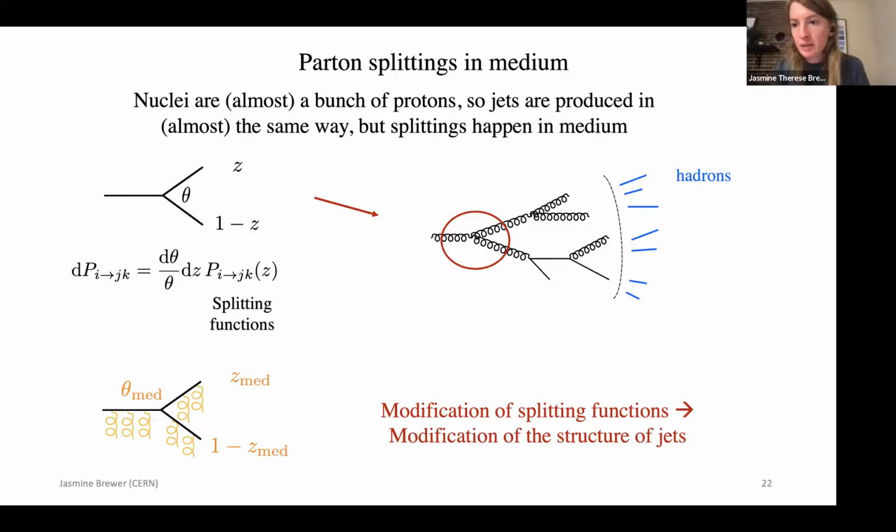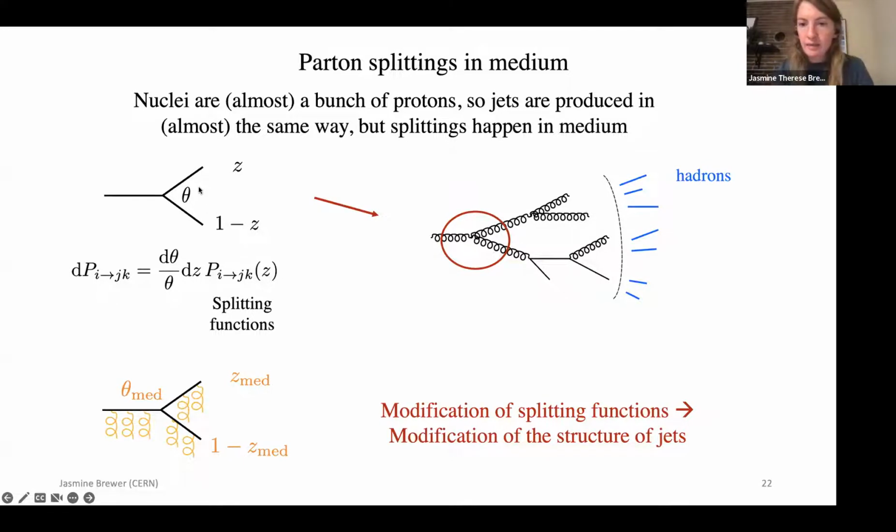But the splittings which happen in the jet happen in the presence of the medium. Again, as I talked about last time, we have differential probabilities or splitting functions for a parton in QCD to split into two partons as a function of the momentum sharing of those splittings and the angle between them.